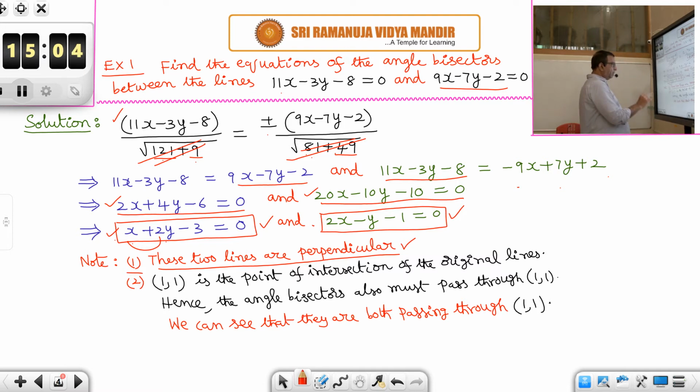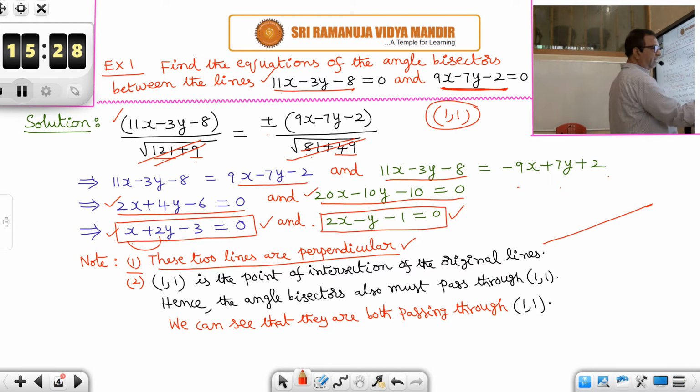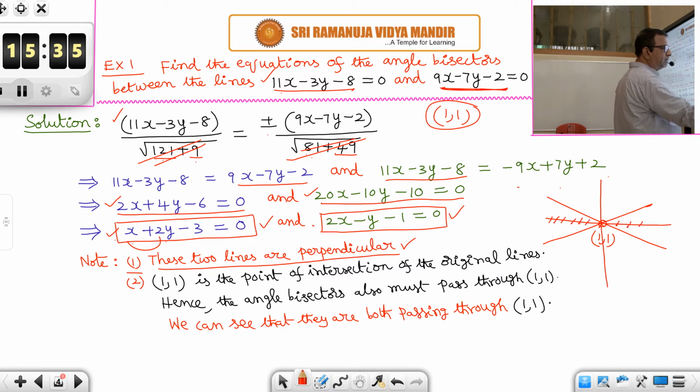Next, one more thing. What is the point of intersection of the original lines? It is (1, 1). Is (1, 1) lying on this line? 11 minus 3 minus 8 equal to 0. Yes, it is satisfying. And here, 9 minus 7 minus 2 is equal to 0. So (1, 1) is the point of intersection of the original lines. The angular bisectors, acute angle bisector or obtuse angle bisector, must also pass through the point of intersection of the original lines, is it not?